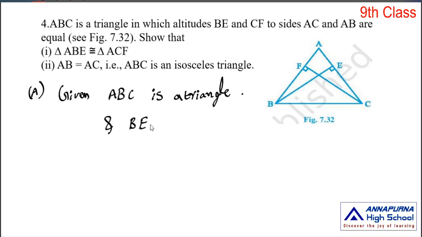BE is equal to CF. We have to show two conditions. The first condition is triangle ABE is congruent to triangle ACF, and the second condition, AB is equal to AC.